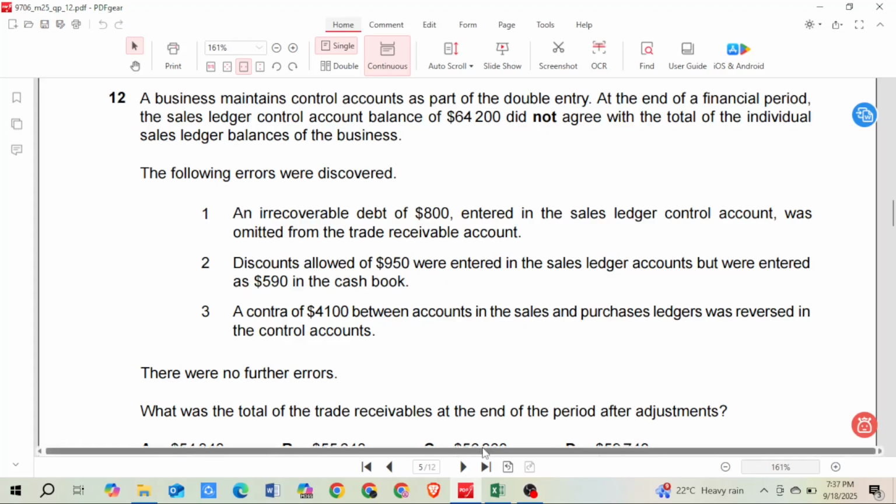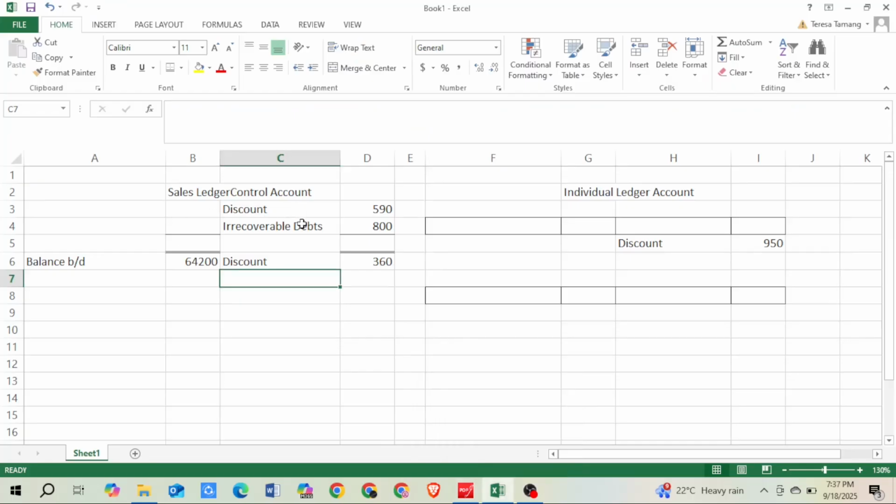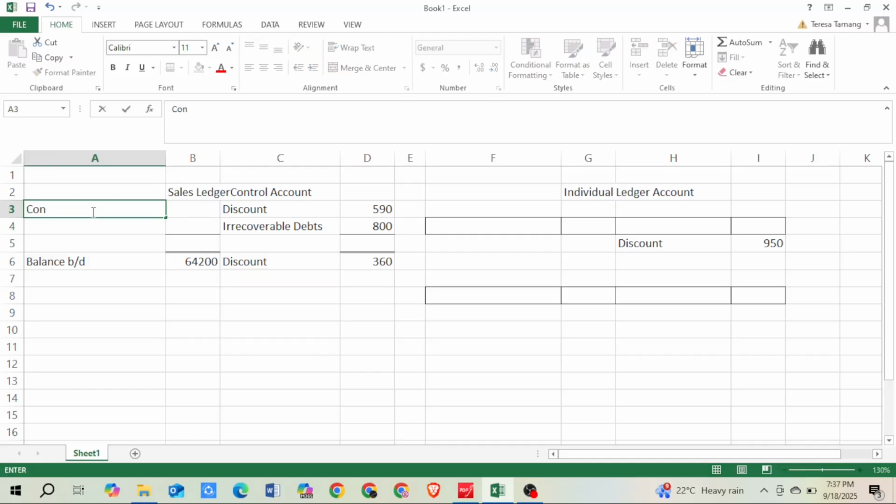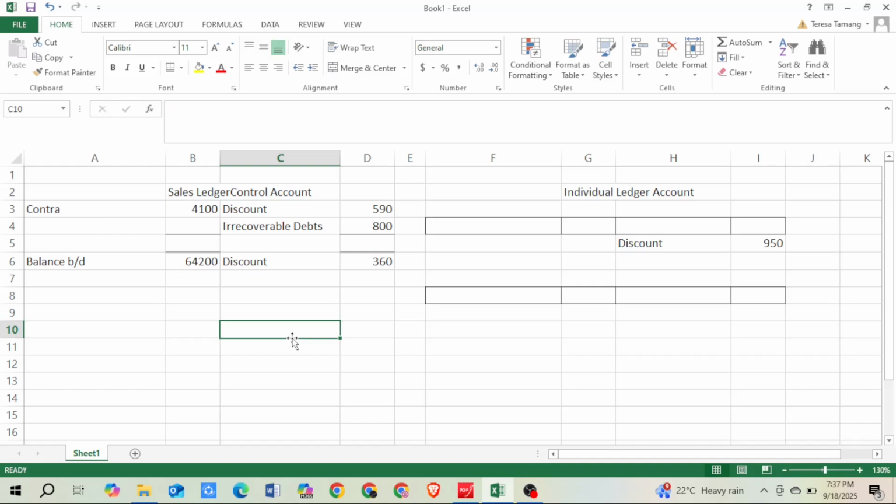Now generally contra entry should be written on the credit side out here to subtract. But what we did was, before we calculate this total, we wrote here contra and then we wrote it on the debit side. We reversed it. Okay, now I want to rectify this one. If I want to rectify, then I can write down here contra and then I write 4100. But if I do this, then it will only cancel out the previous entry that I made.